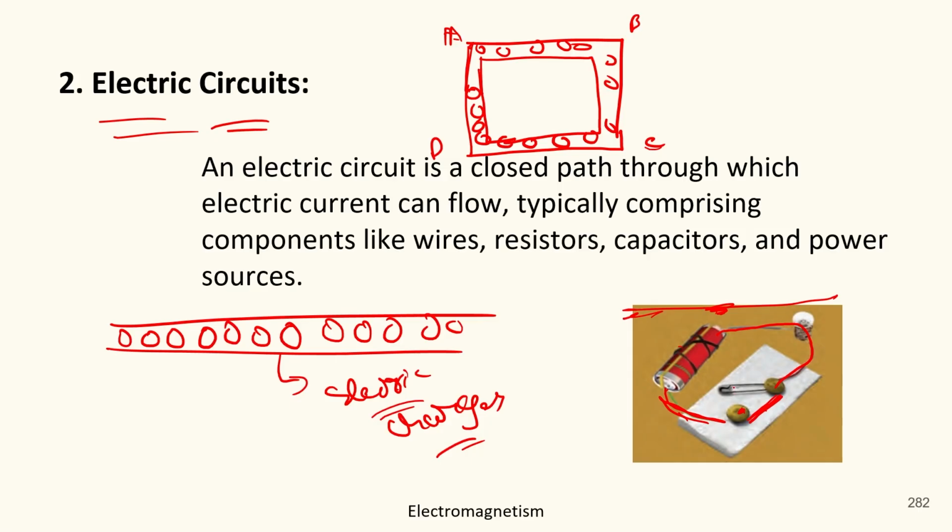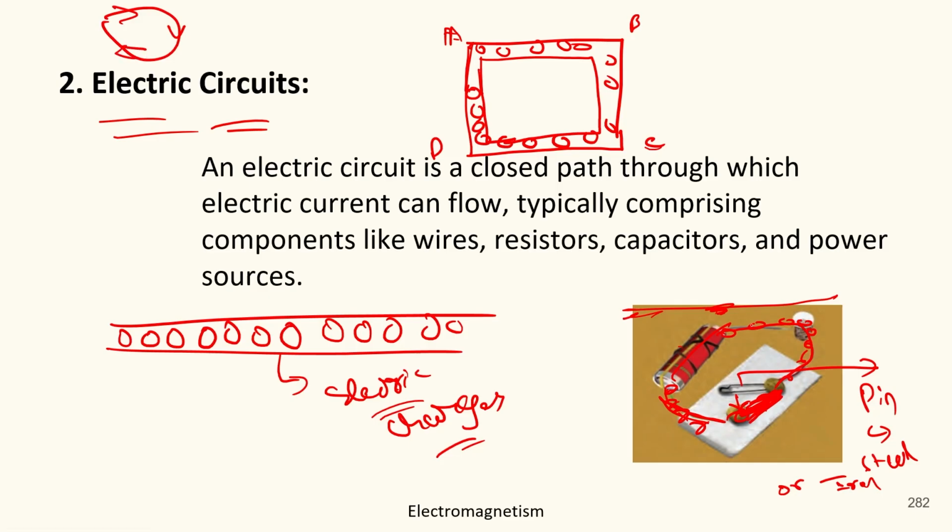Okay, so in this scenario, when you touch this pin, which is made up of steel or iron, to this, then there will be a bridge. So the current which starts moving from this side will continue its journey through the entire path in a circular motion, and that's how the electric current will be set up in the electric circuit.